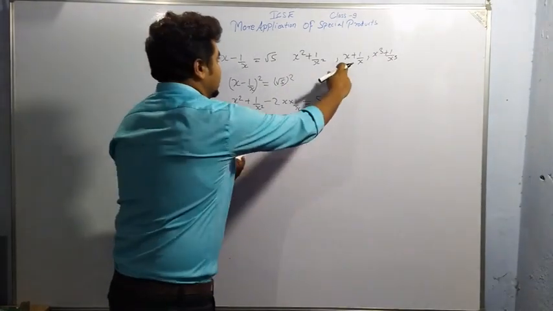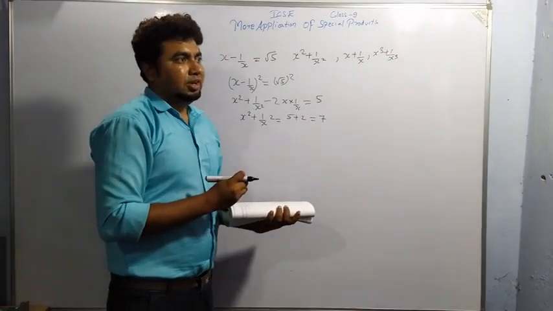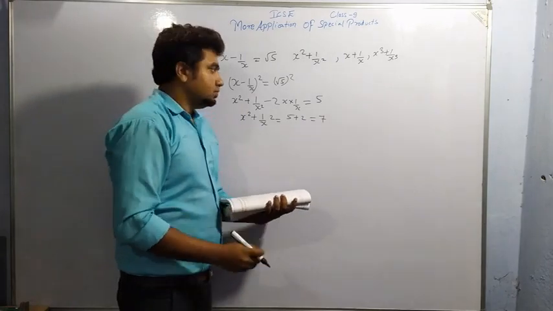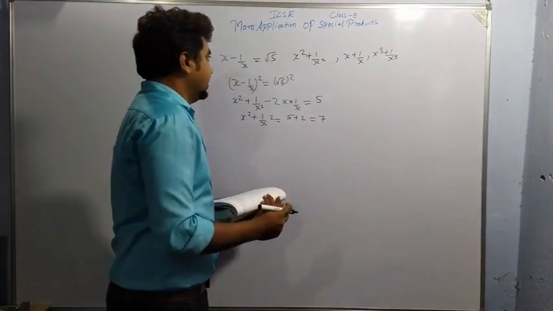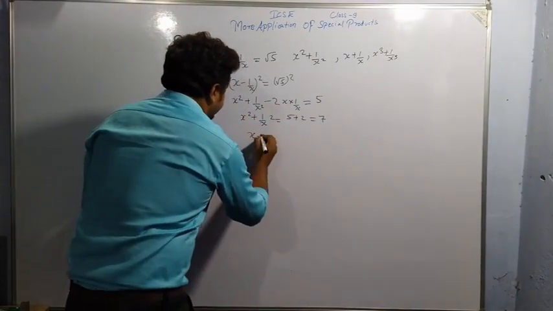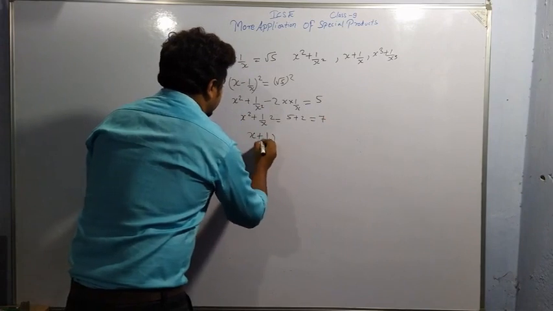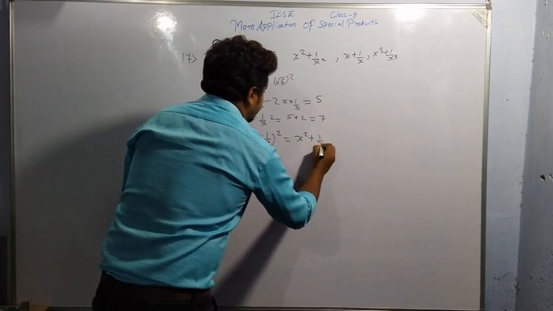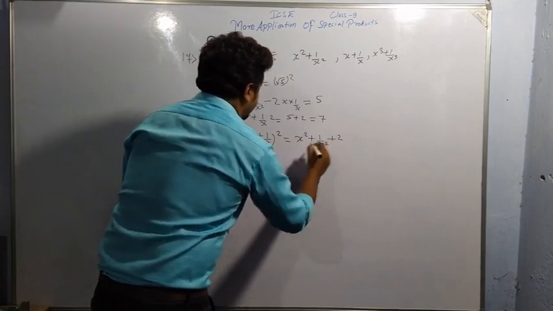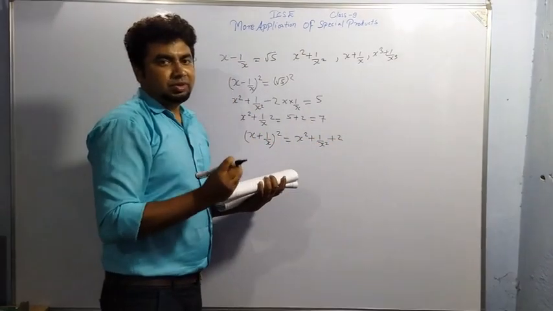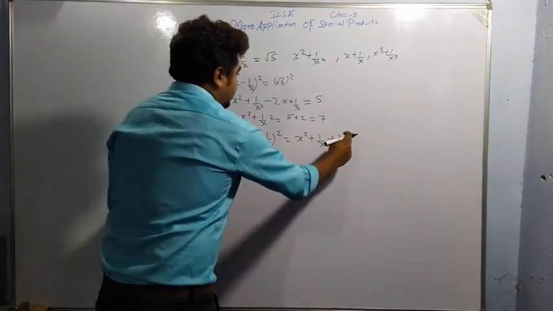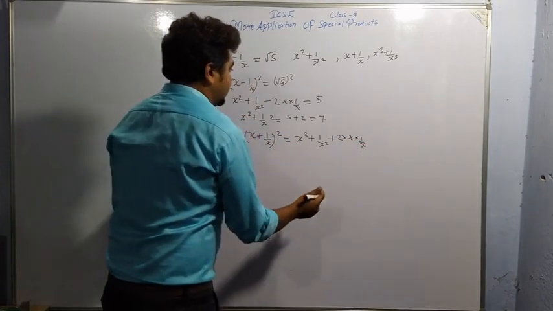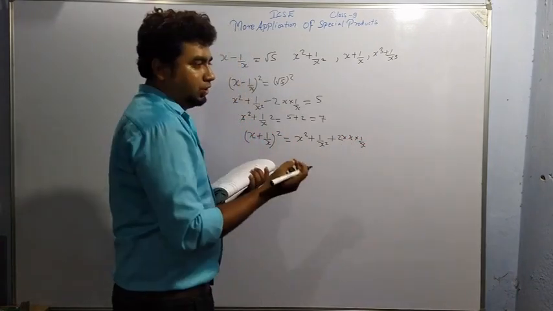Now we'll be solving 17 part 2, x plus 1 by x. In the previous question it was asked x minus 1 by x, so we squared. Now again we can square: x plus 1 by x whole square is equal to x square plus 1 by x square plus 2. I am directly writing this because 2 into x into 1 by x comes out to be 1, and 2 into 1 is 2.